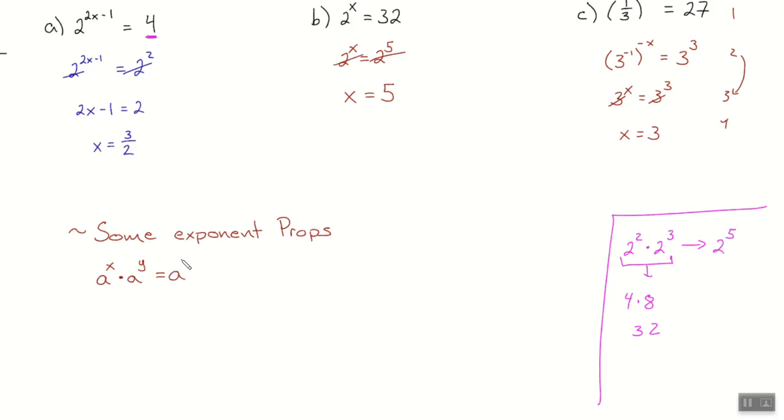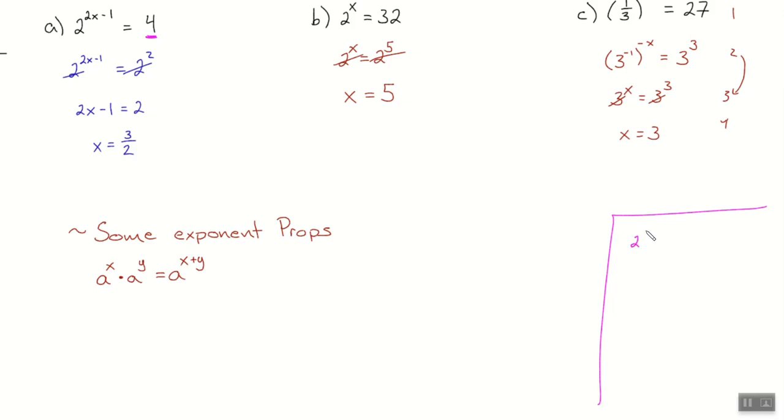Awesome. a to the x plus y. Now, this is a property that we're going to use all the time. If you want to just commit it to memory, I'm cool with that. But being able to work it out on your own is so much more valuable because then you don't have to just strictly remember stuff. Now, one could argue you have to remember how to work it out, but a concrete example of the property that you're trying to figure out is, I think, easier to remember. Okay, let's get another one.